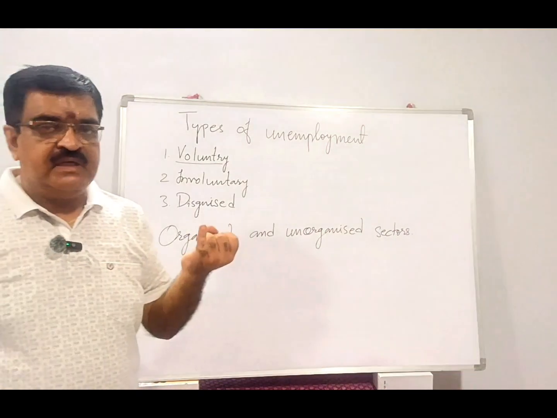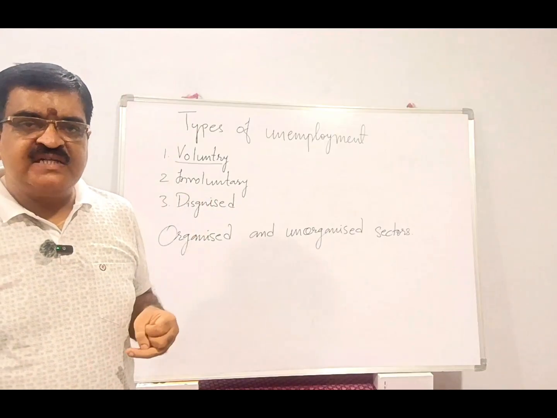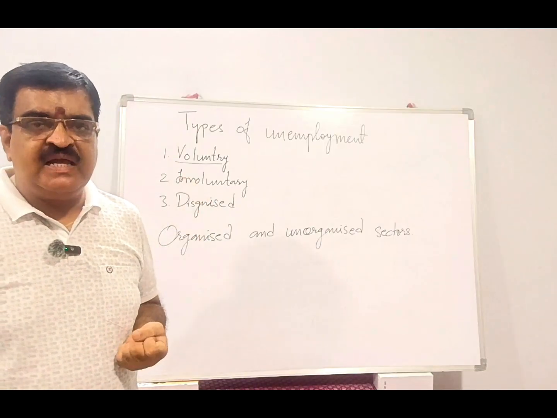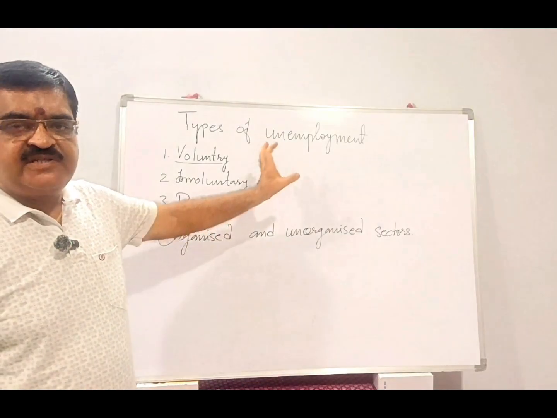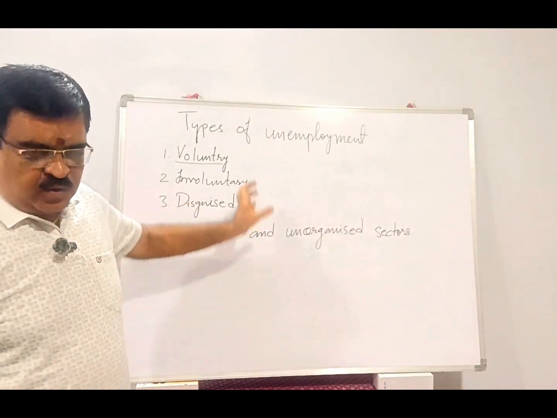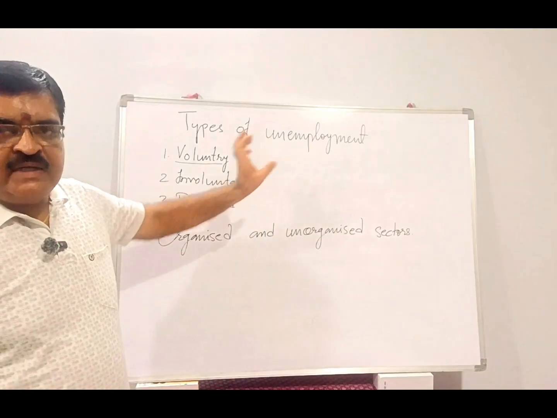Suppose a person is a small child, a person is of very old age, or a person is in ill health, or a person is very rich, that he has sufficient savings and doesn't want to earn any more income.